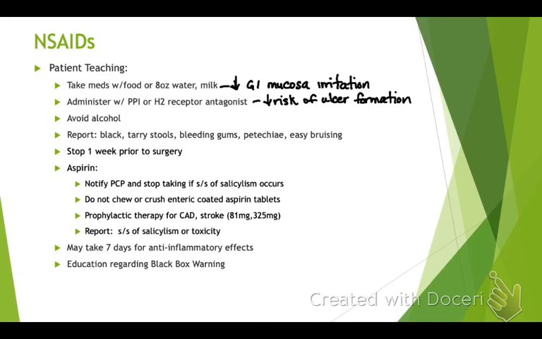You want them to know that they do not chew or crush any enteric-coated aspirin tablets because it defeats the purpose, of course. They should know that prophylactic therapy for CAD or stroke requires aspirin to be given at either 81 milligrams or 325 milligrams, and that is usually every day. You do want them to report, again, any signs and symptoms of salicylism or toxicity.